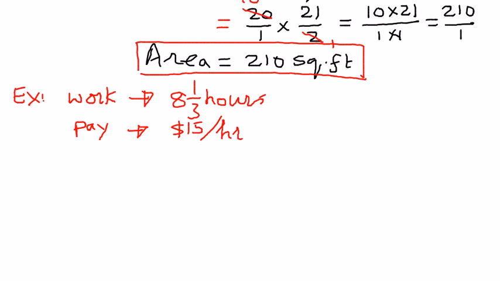You're working at a place, you work for 8 and 1/3 hours. Your pay rate is $15 per hour. How much money did you make working 8 and 1/3 hours?